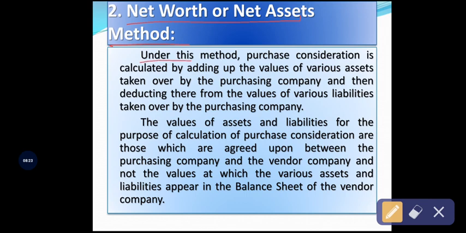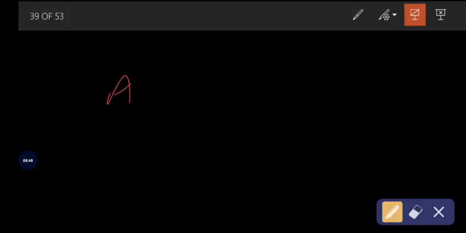Under this method, the purchase consideration is calculated by adding up the values of the various assets taken over by the transferee company or purchasing company, and then deducting therefrom the values of the various liabilities taken over by the purchasing company.